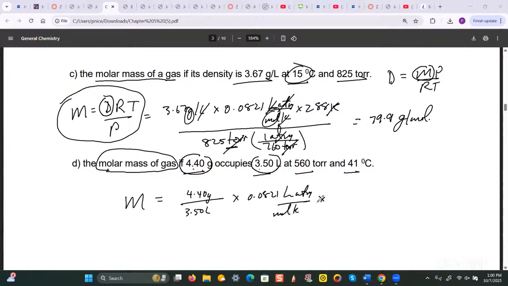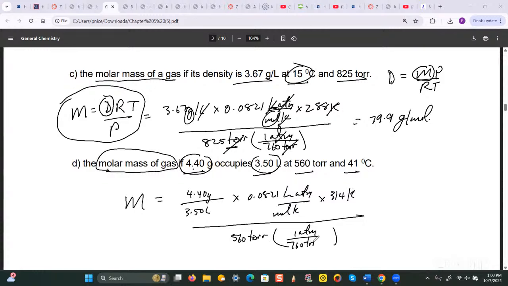What's the temperature? 41 degrees. So 41 plus 273. 314 Kelvin would be the answer for that part. And then we divide by P. And what is P? 560 torr, which again we have to convert to atmospheres, divided by 760 torr.